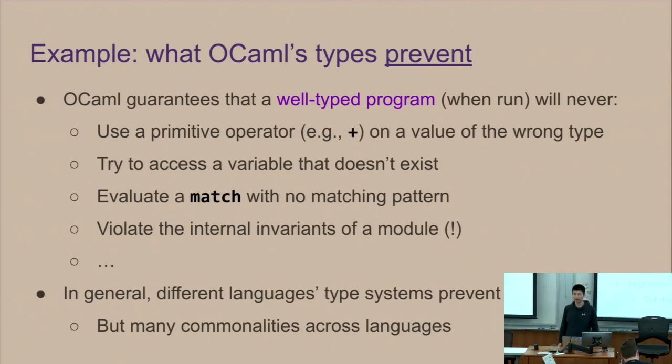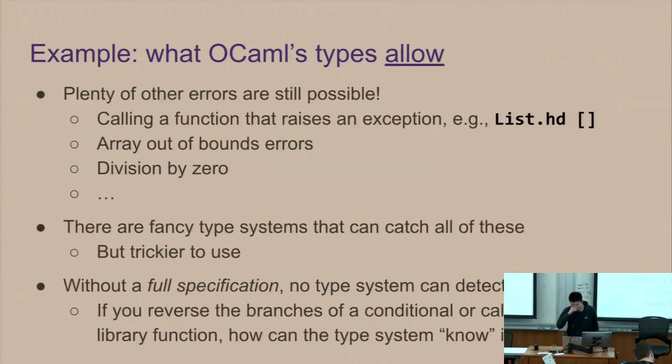You can recall when using match, there's always this warning saying match not exhaustive. That's the check there. It also guarantees that you will not violate the internal invariants of a module. In general, different languages' type systems prevent different things, but there's something in common.